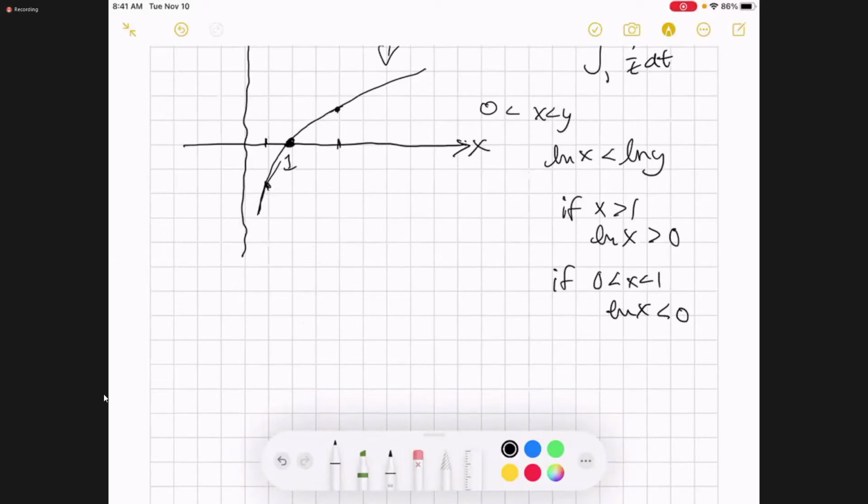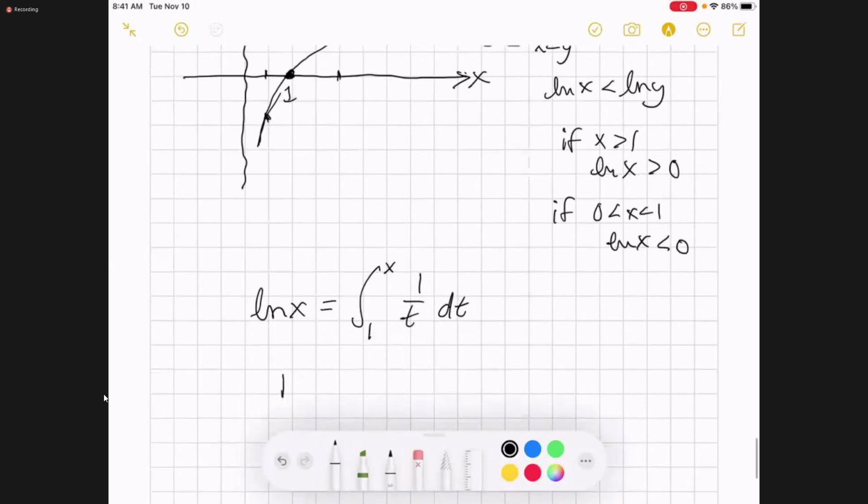Well, tell me this. We have ln of x. What's the derivative of this function?